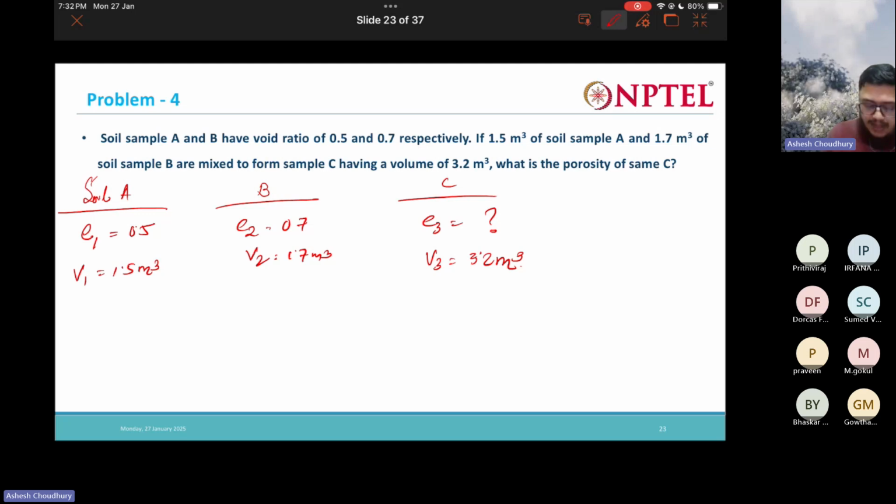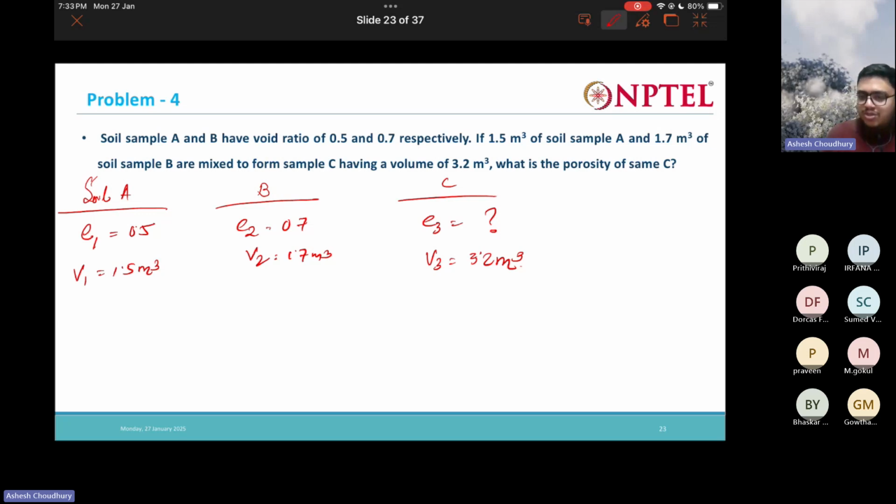Volume of soil solids of A you have found out, correct. Volume of soil solids for B, you have found out, correct, absolutely correct. Then you are in the right direction. Then after that, volume of soil solids, correct, exactly. Very good. So you got the volume of the combined soil.